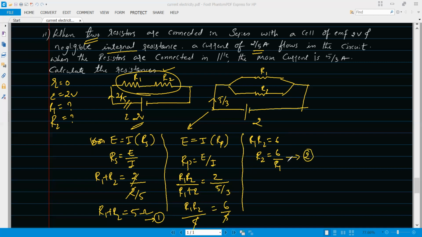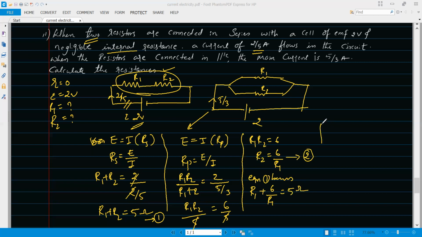ಈಗ ಇದು 2 ತಗೊಂಡೋಗಿ equation number 2 ಇಂದ r2 ವ್ಯಾಲ್ಯೂ ತಗೊಂಡೋಗಿ equation number 1 ಒಳಗಡೆ ಹಾಕೋನು. Equation 1 becomes, can I write this as r1 ಹಾಗೆ ಇಟ್ಕೊಳ್ಳೋಣ plus r2 ಇದ್ದಲ್ಲಿ 6 divided by r1 is equal to 5 ohm.